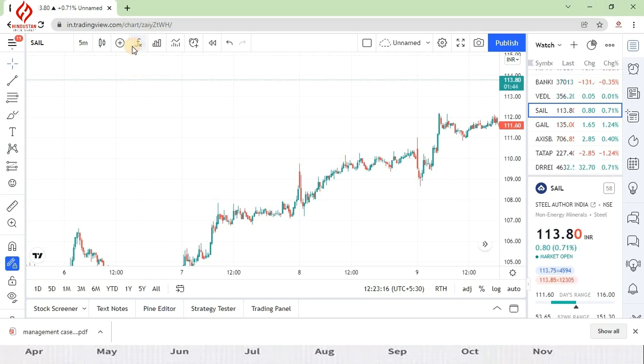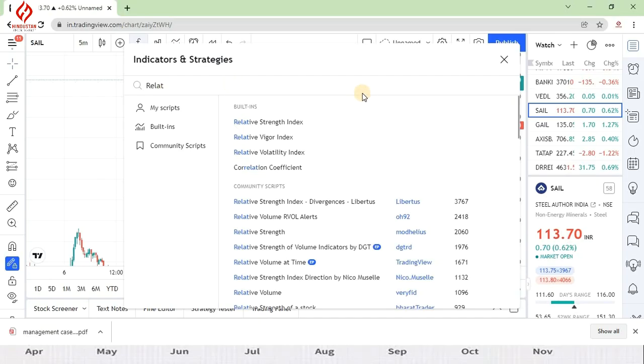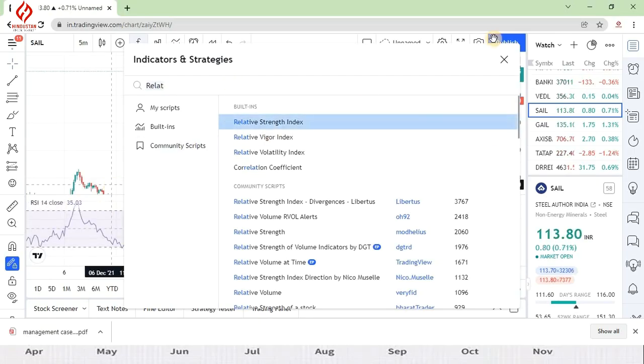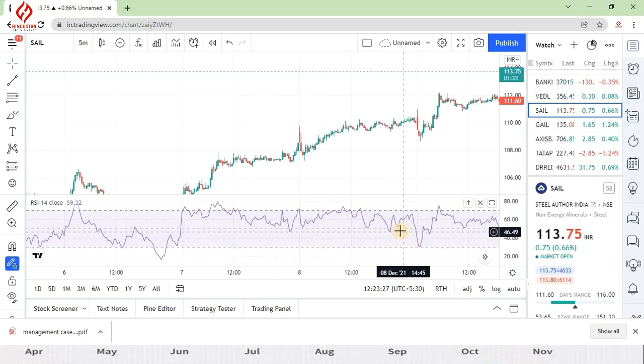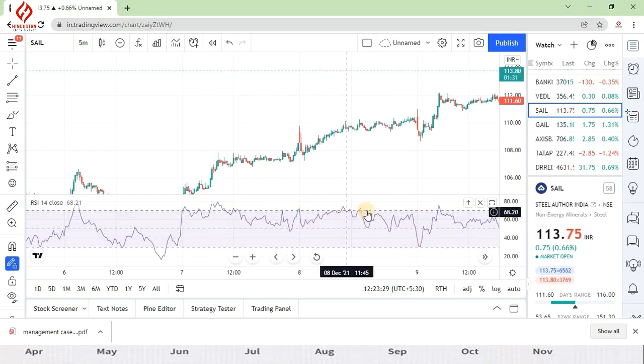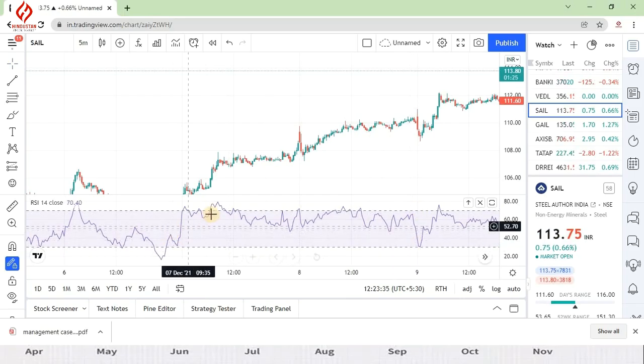Go to the indicator section and type relative strength index here. So we have plotted it, this is your relative strength index indicator. It moves between these two extremes, the 70 reference level and the 30 reference level.